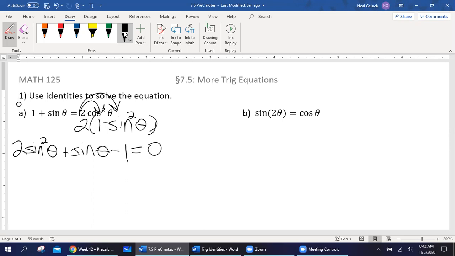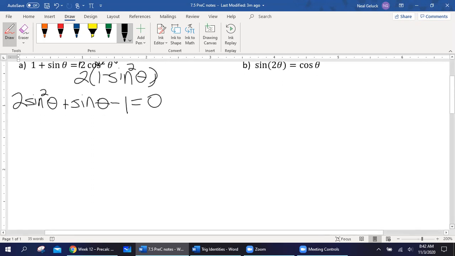And now it looks like a quadratic style problem that I can do some factoring on, hopefully. So again, think of it like 2x squared plus x minus 1, except it's going to be 2 sine theta. And then that's going to be 2 sine theta minus 1, sine theta plus 1 equals 0.